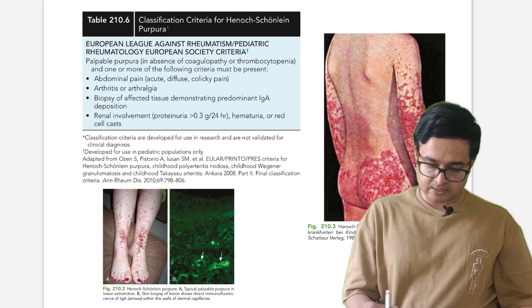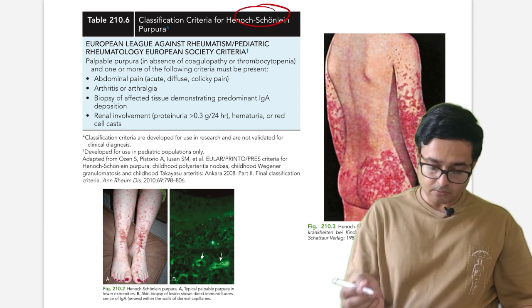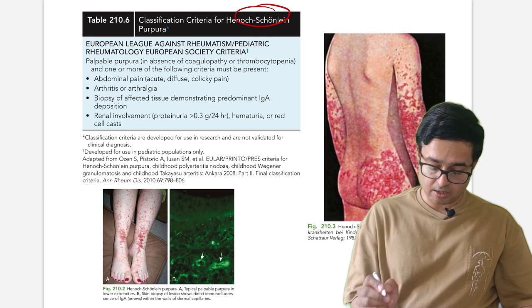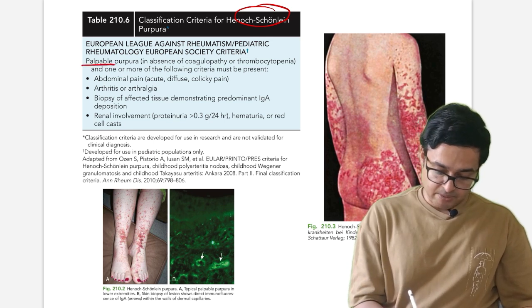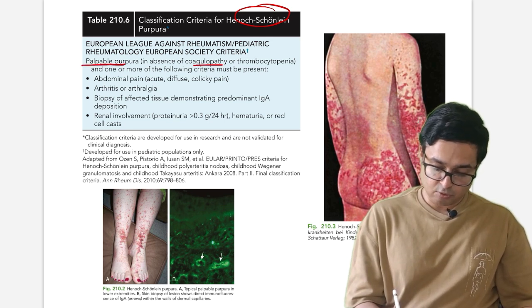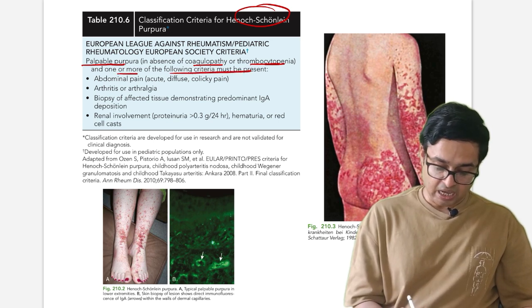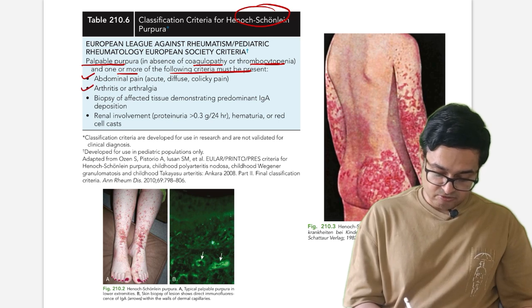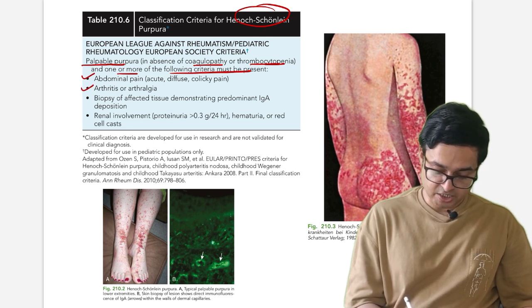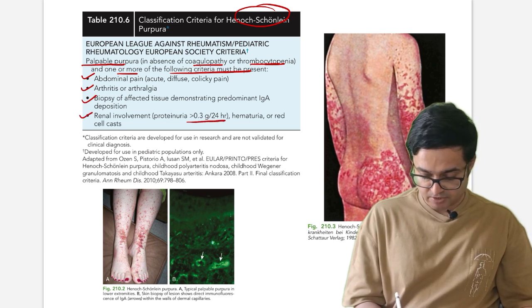Last but not least, this HSP. The criteria are many times asked. Palpable purpura should be there in the absence of coagulopathy or thrombocytopenia. At least one or more of the following criteria should be present: abdominal pain, arthritis, biopsy of affected tissue demonstrating predominant IgA deposition, renal involvement with proteinuria more than 0.3 gram per 24 hours, hematuria or red cell casts.